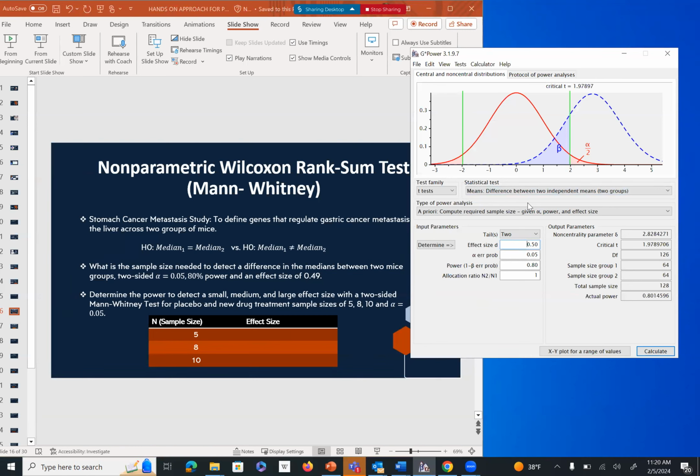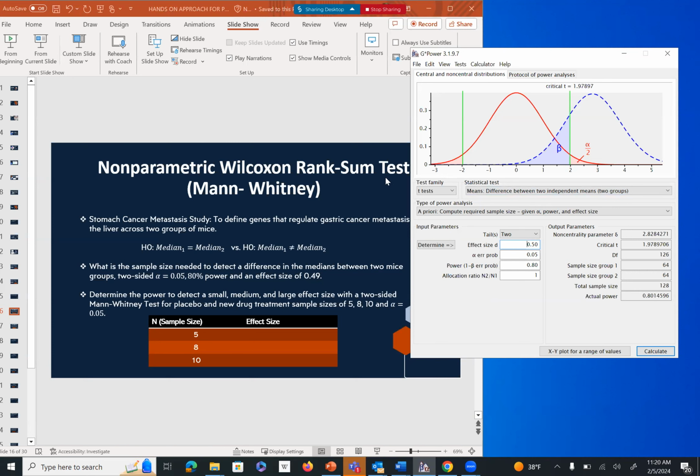However, the non-parametric test assumes no normal distribution and doesn't assume any shape of the distribution of the parameters. So if you don't have that information, you can run a non-parametric Wilcoxon-Rank Sum test based off your outcome of interest.